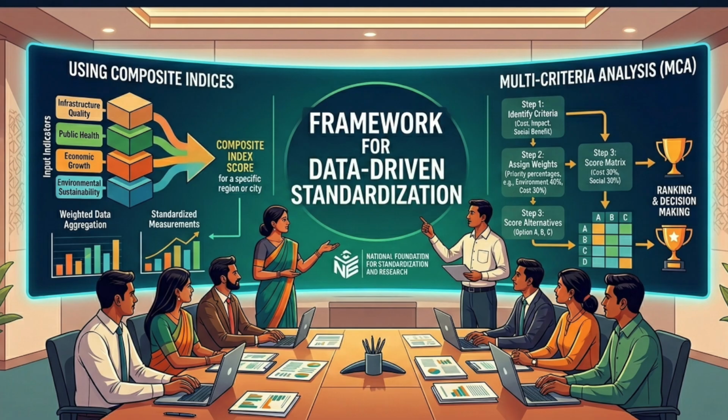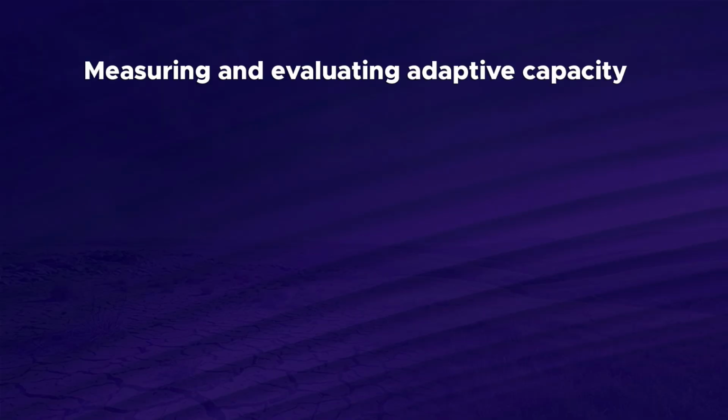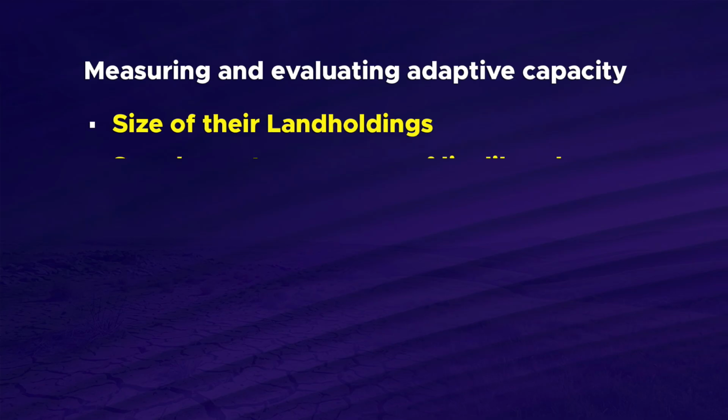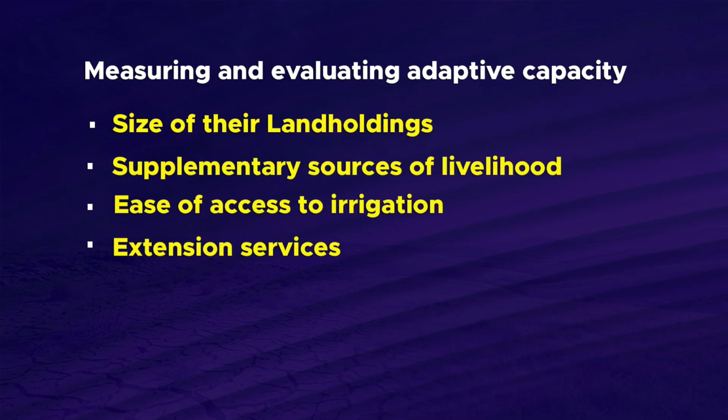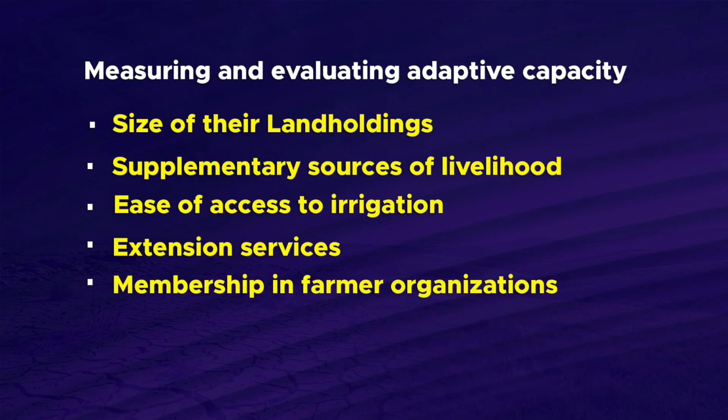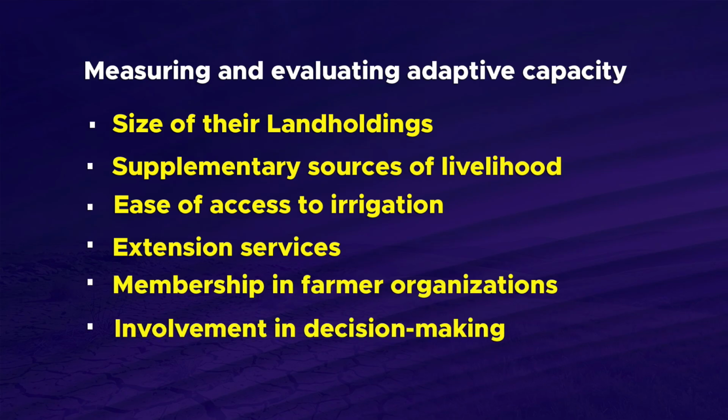For instance, researchers have constructed adaptive capacity indices for farming families in areas that are prone to disasters by looking at factors like the size of their land holding, supplementary sources of livelihood, ease of access to irrigation and extension services, membership in farmer organizations and involvement in decision making.